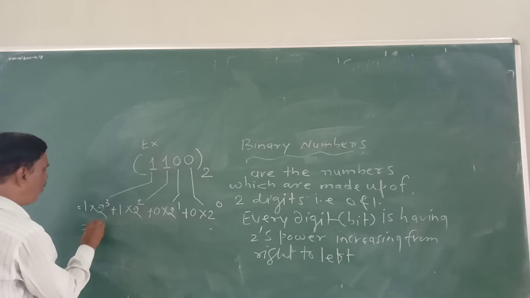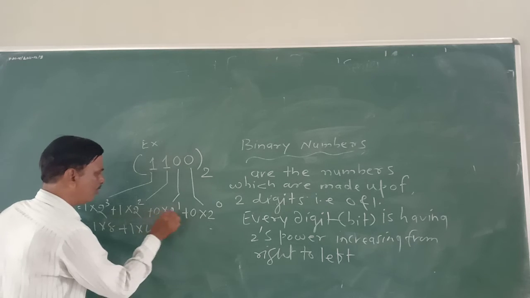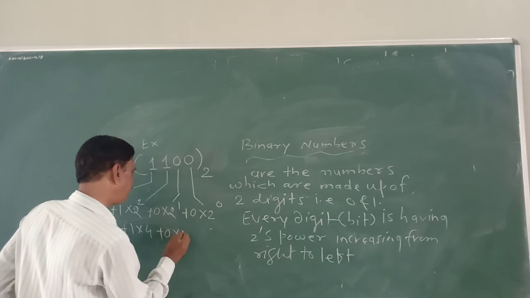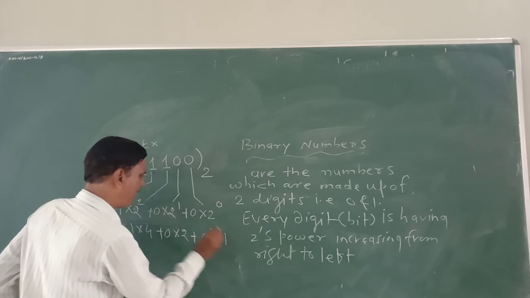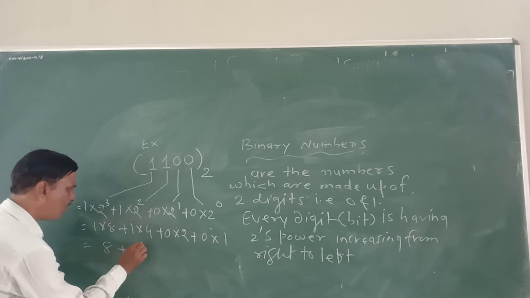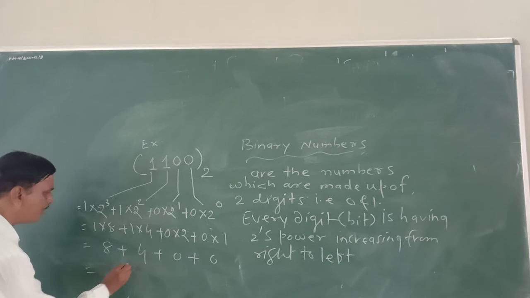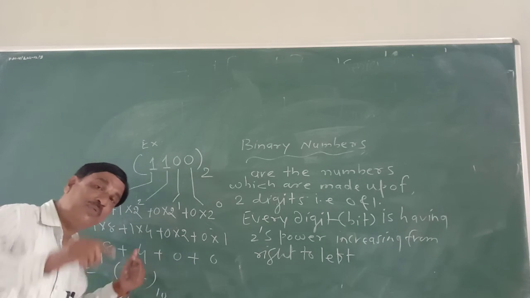So how much is it? 1 into 8 plus 1 into 4 plus 0 into 2 plus 0 into 1. So 8 plus 4 plus 0 plus 0 is equal to 12. 12 in decimal.